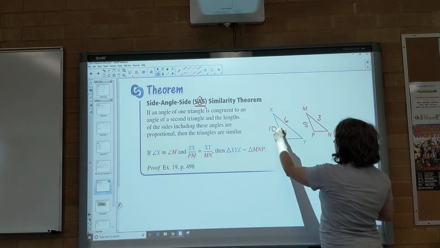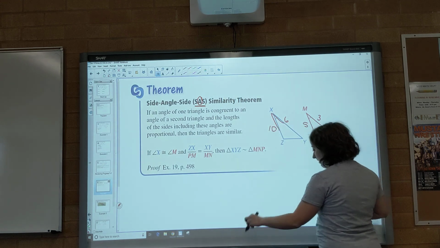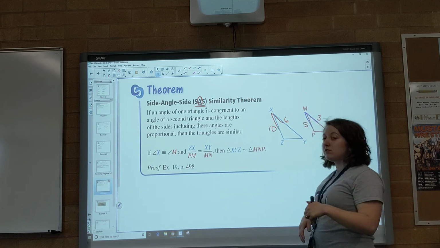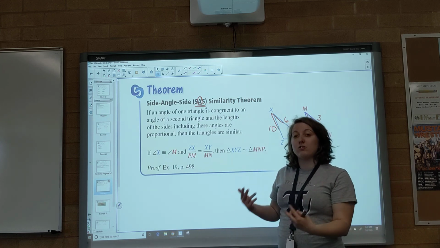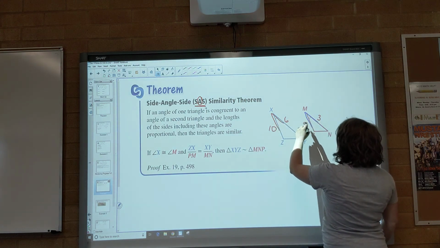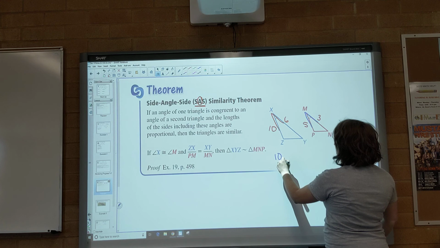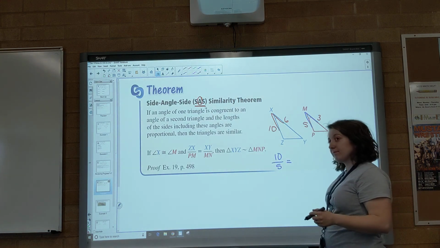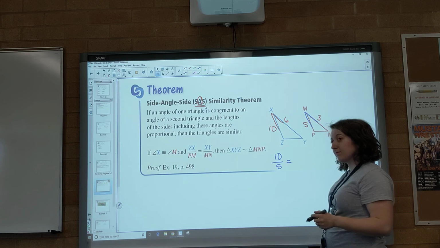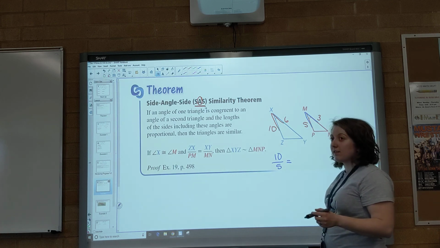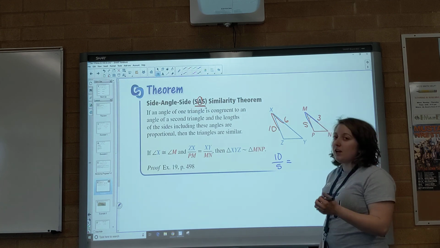Side, angle, side, side, angle, side, and here, side, angle, side. And then we have to divide the sides that match up to see if they're proportional. So 10 would go with 5. Okay, so we've got 10 over 5. And if you're ever confused, just remember, it's kind of like all three of them again. Big goes with big, medium goes with medium, small goes with small. But in this case, it will just be big, big, small, small. Yeah, there's only two.